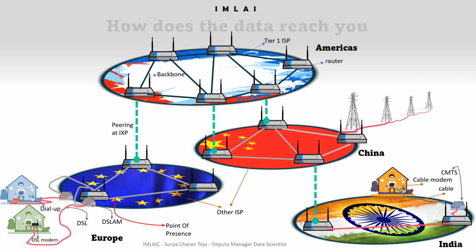After looking at all three options, he was looking for an option which gives a much broader band network, a much faster speed, a much better network. Then he found FTTH, that is fiber to the home.